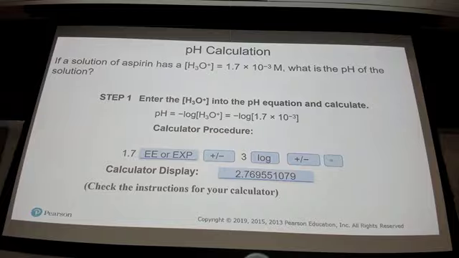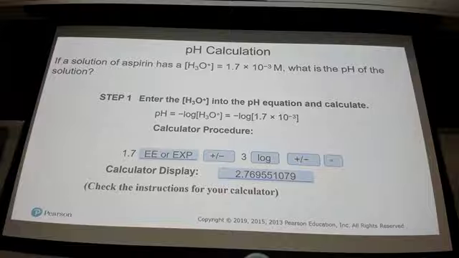And again, as I mentioned before, a shortcut is to just take the negative log of this first number here, and then subtract it from 3, because we know negative log of 10^-3 is 3. So are there any questions about calculating the pH?